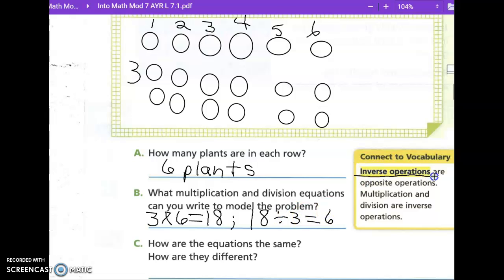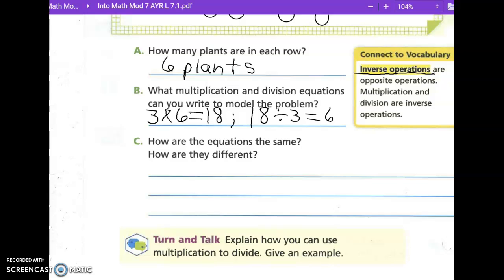What's this say over here? Inverse operations. What did I tell you inverse operations were? Okay, so let's read it together. Look on your paper. Inverse operations are opposite operations. Multiplication and division are inverse operations.